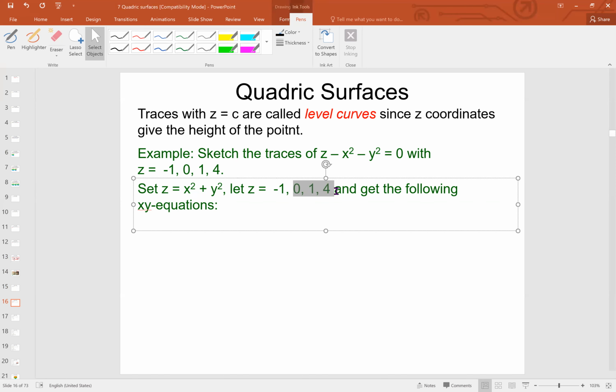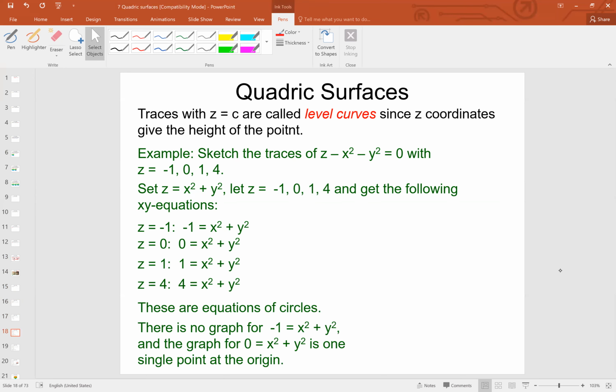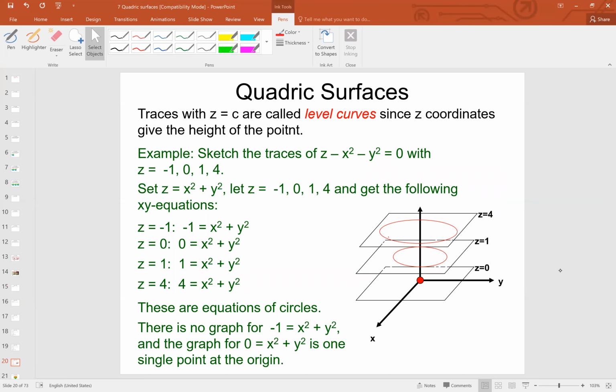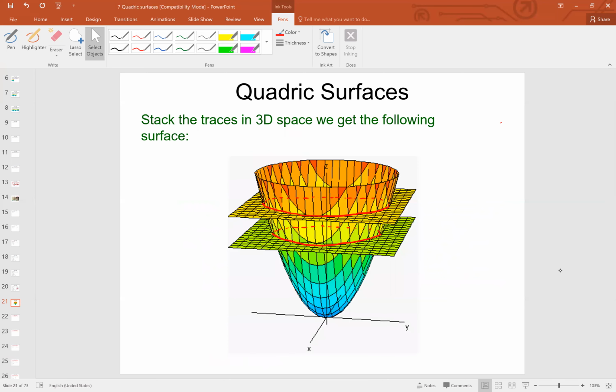In particular, I get level curves when z is 0, 1, or 4, a bunch of circles. When z is 0, I get a point. When z is equal to 1, I get a bigger circle of radius 1, and when z is equal to 4, I get radius 2. Then if I stack these circles up, I get this cone-like shape.